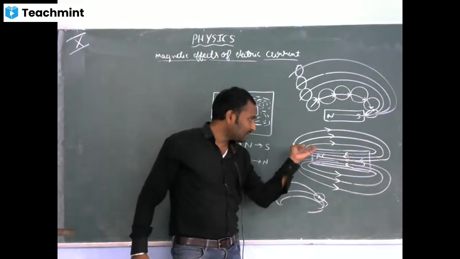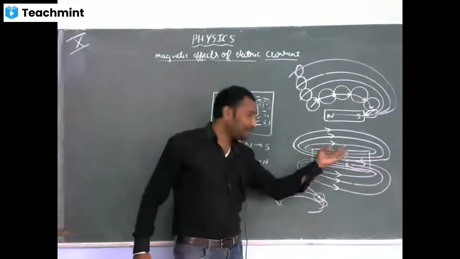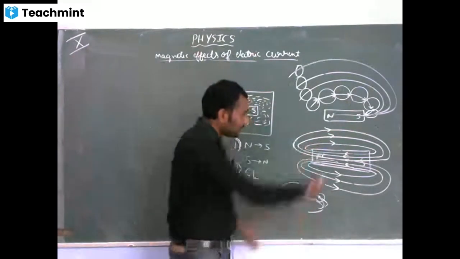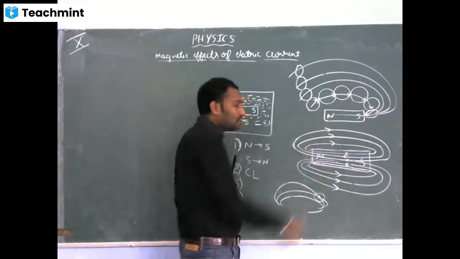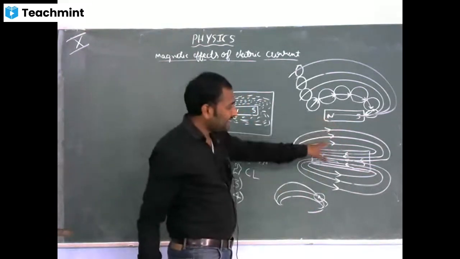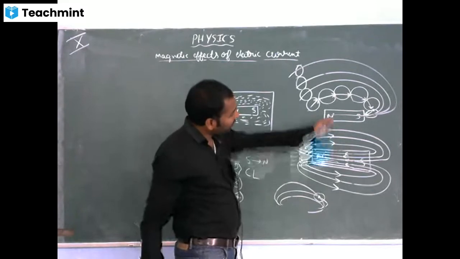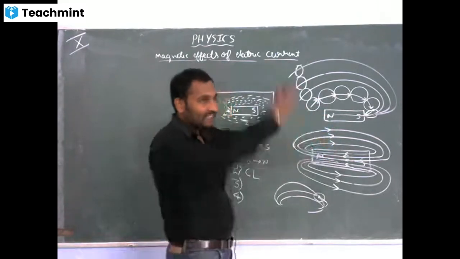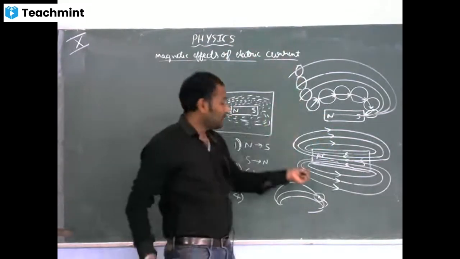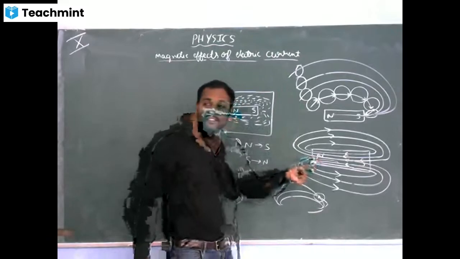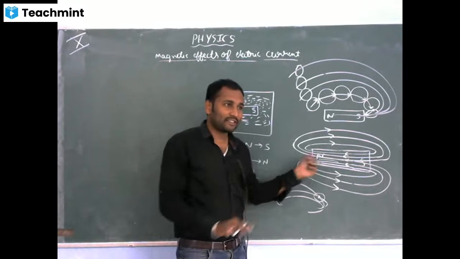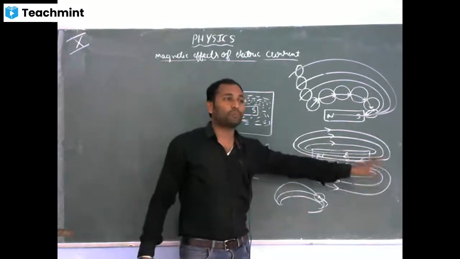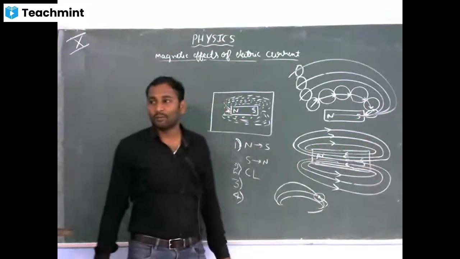As you come from north to the midpoint, you can see here they are diverging. The magnetic field lines are diverging, so they are not closer. As you keep on moving, they keep on diverging. So at the poles, whether it is north pole or south pole, the magnetic field strength is more.